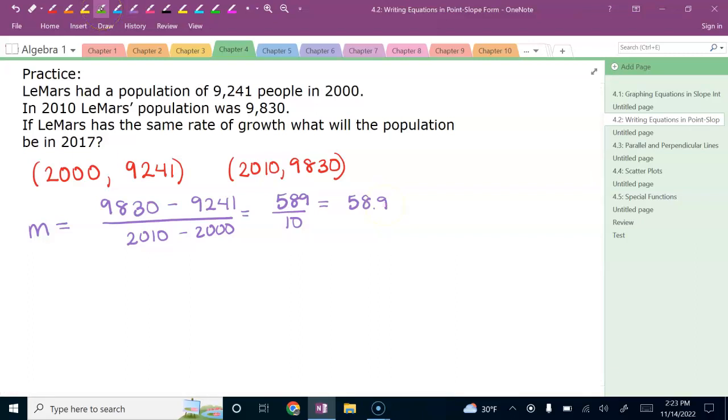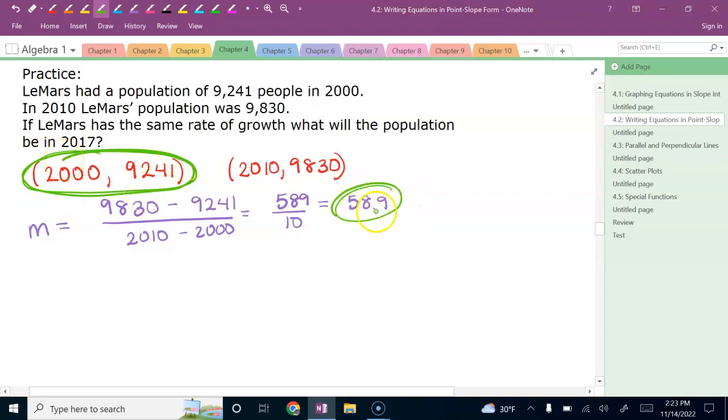Then I picked the point 9,241. That's just the point that I decided to pick, and I used the 58.9 as my slope. So this is my x1, y1. So I wrote y minus 9,241 equals 58.9 times x minus 2,000.